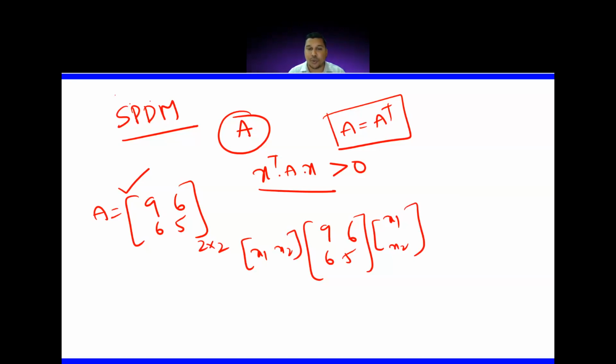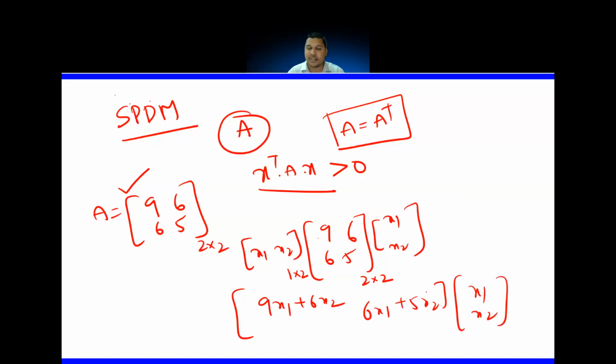This is 1 cross 2 and this is 2 cross 2, so we get a 1 cross 2 as the value. So 9x1 plus 6x2 is one value, then 6x1 plus 5x2 is the other. Then you have x1, x2. If you multiply this, you get a big equation. Let me write it here.